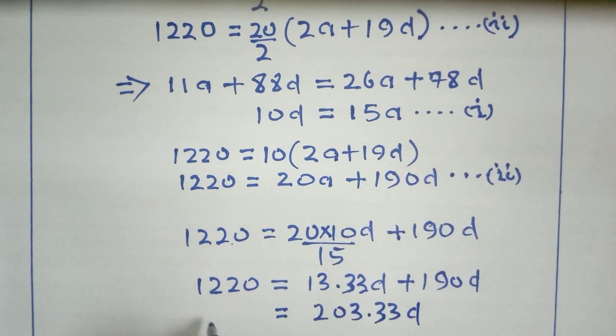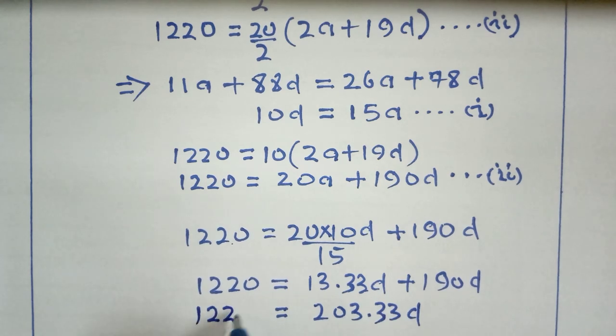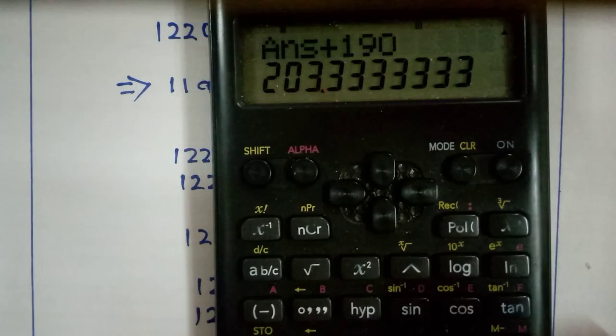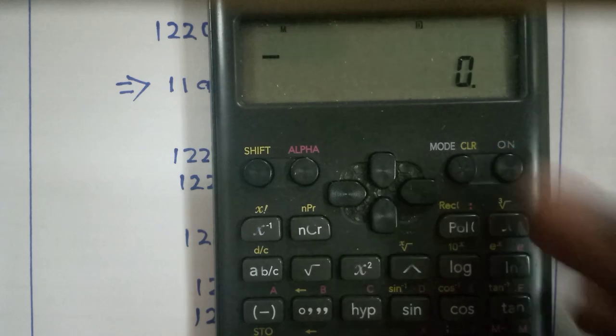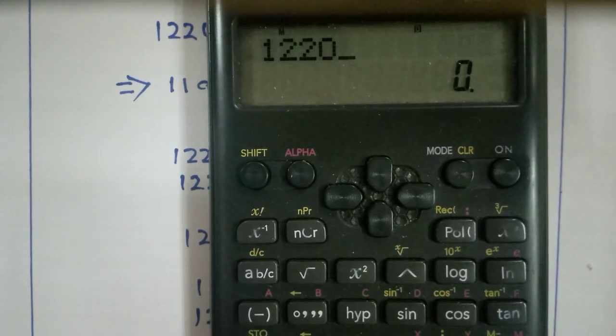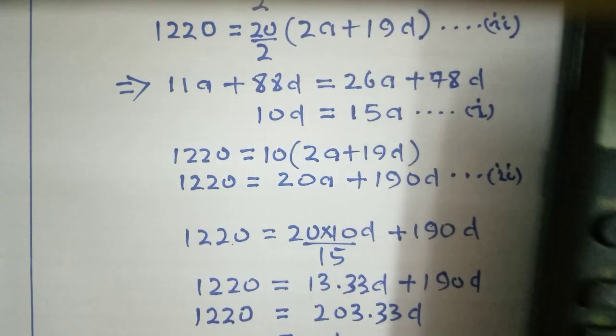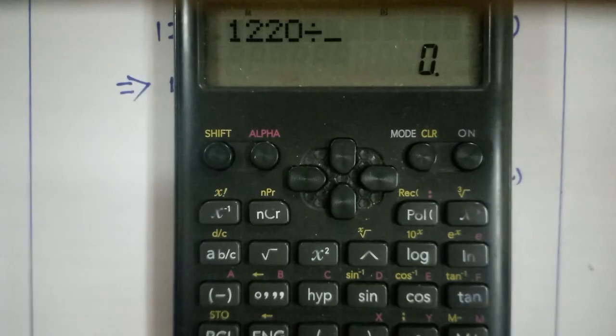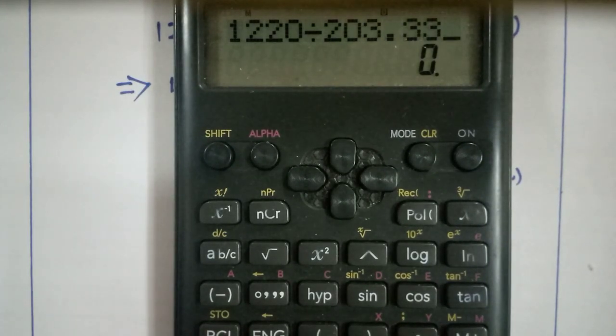203.33D. This one now gives us 1220. So our D is going to be 1220. That is 1220 divided by 203.33.